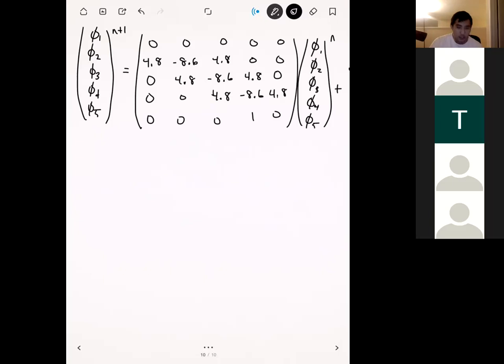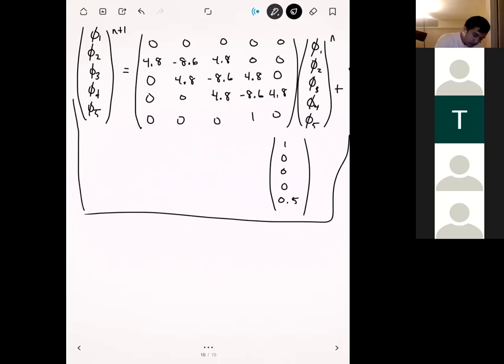If you look at the equations we had on the previous page, we had some terms, primarily from the boundary conditions, that weren't multiplied by phi. In order to account for that, we can simply add a vector here. And so this right here is the matrix form for our explicit Euler time advancement.